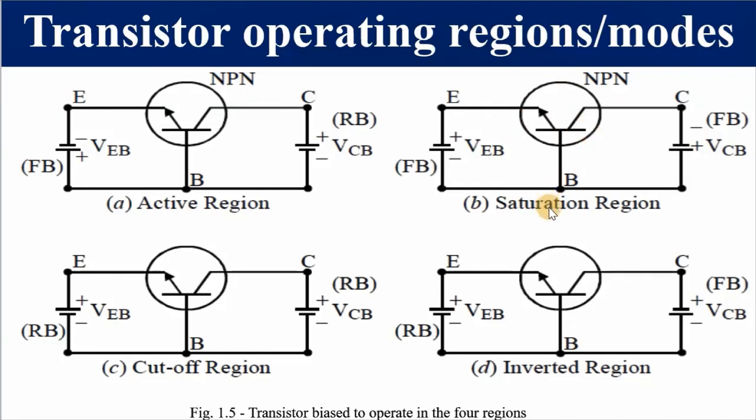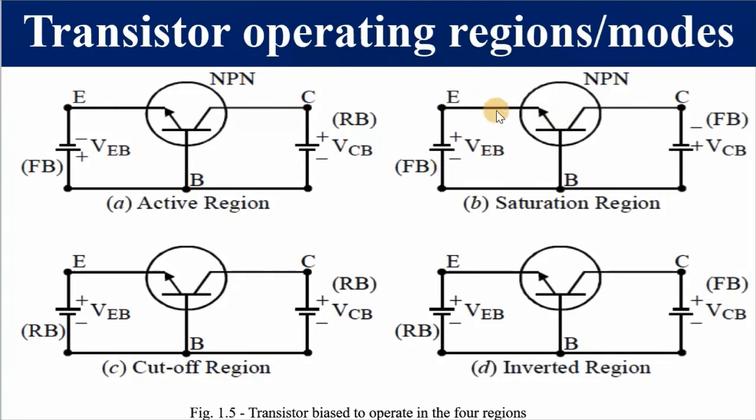Let's have a look at the transistor operating in the saturation region, NPN transistor. This is NPN, and please take note that this polarity is wrong. I made an error there, but the bias voltage is connected correctly. The negative is connected to the n-type, the positive to the p-type.